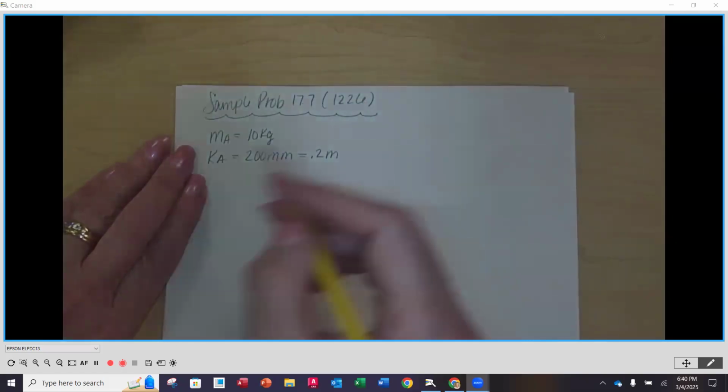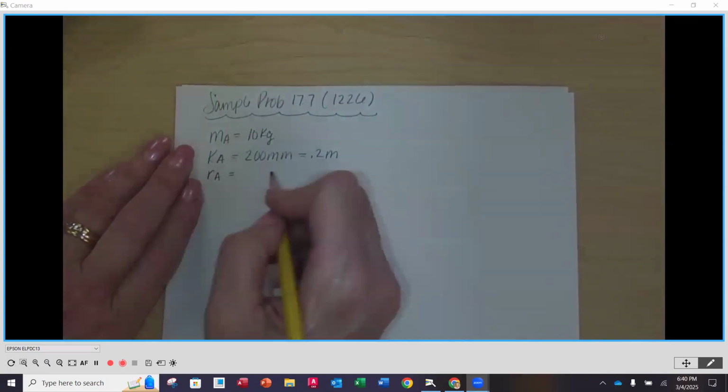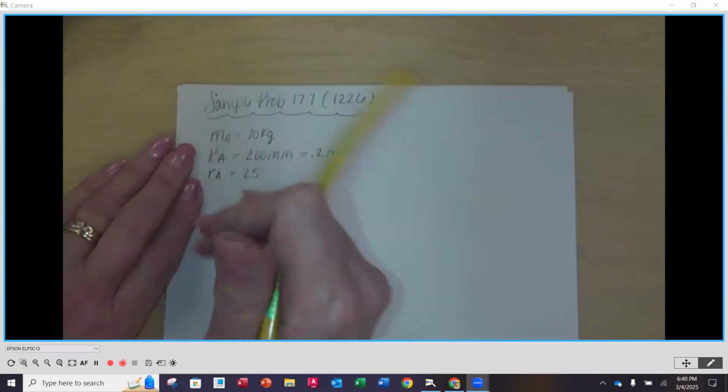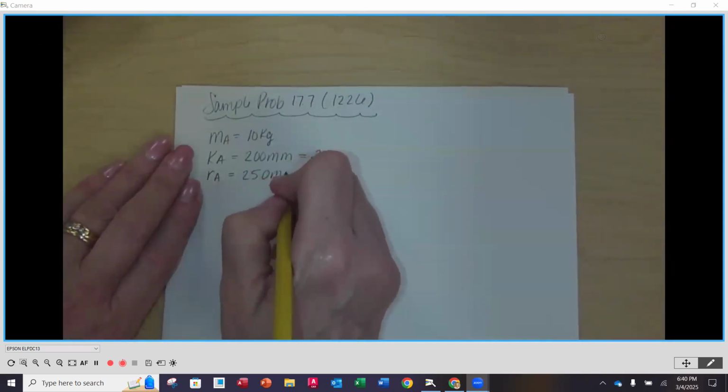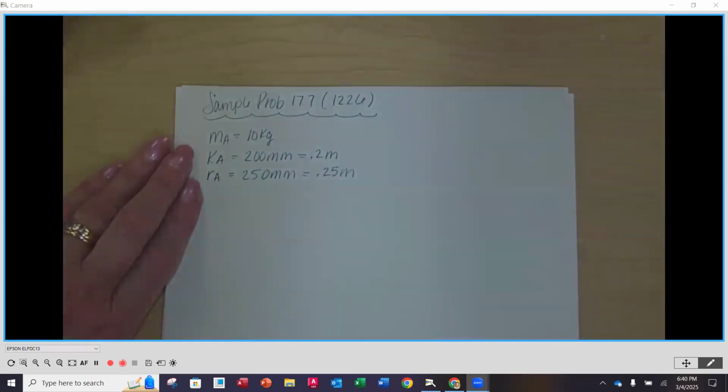Okay. The radius of A is going to be 250 millimeters, which means that it's going to be 0.25 meters.